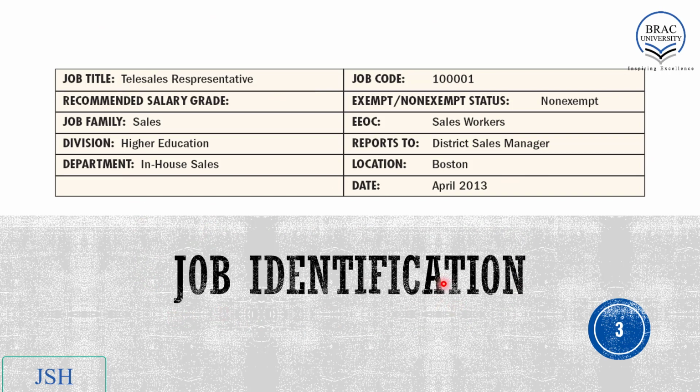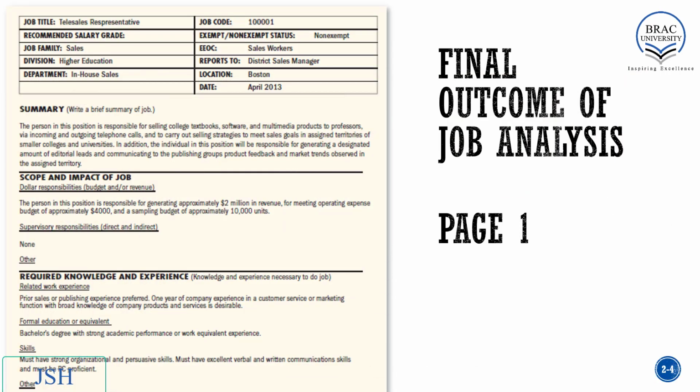Why job identification? Because here, by reading this part, I can identify briefly what is the job that I'm talking about. Now, if we look carefully, all of these explain the job itself. So this is part of job description. Moving on. Now in page 1, after job identification, we have job summary.